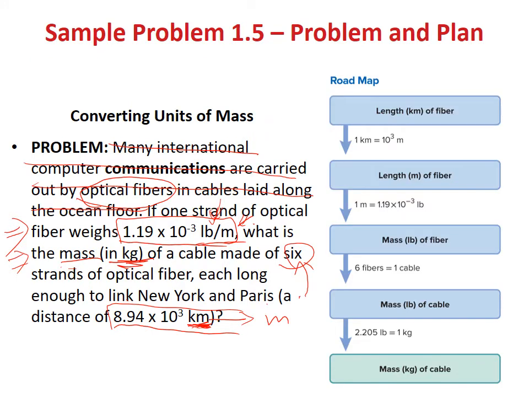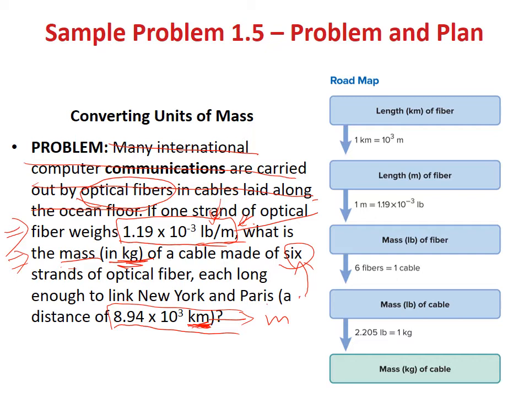Okay, we first convert kilometer of one strand into meter. The relationship is 1 kilometer is 1,000 meter, and then from meter change to pound. So this comes from this relationship, length to pound.